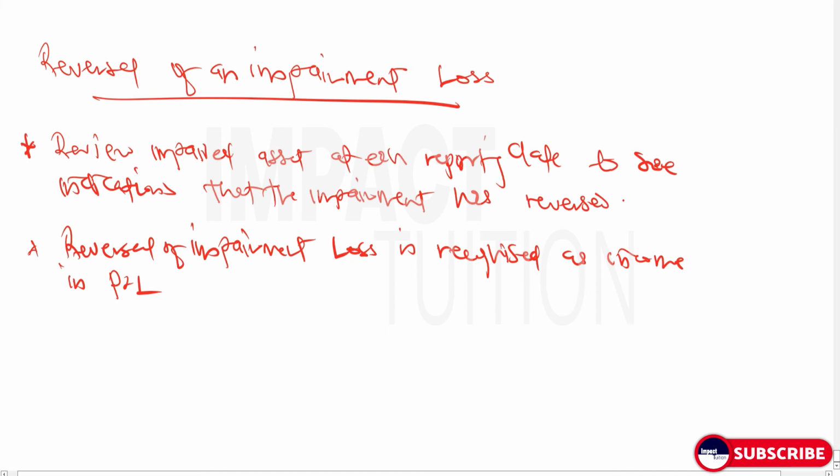If the original impairment was charged against the revaluation surplus, it is recognized as other comprehensive income and credited to the revaluation surplus.